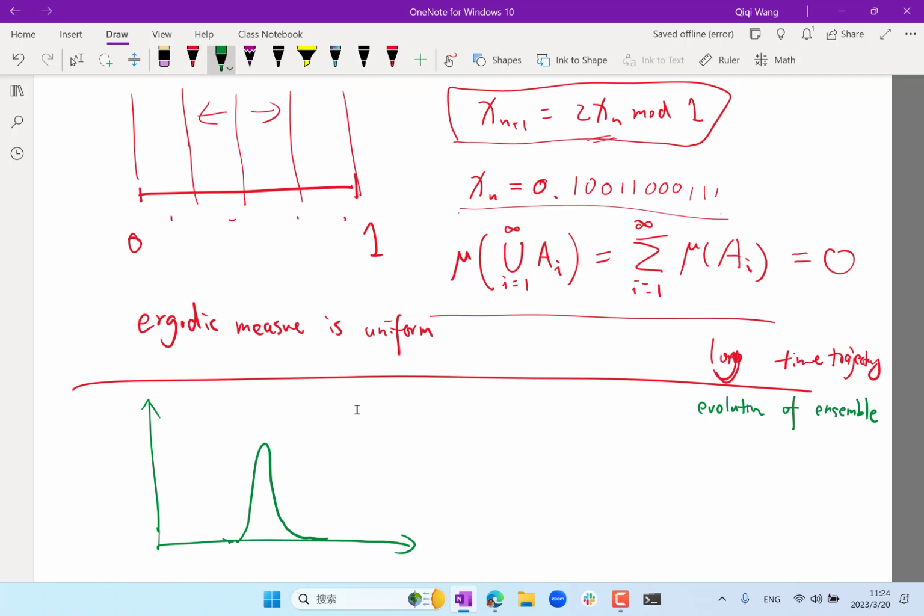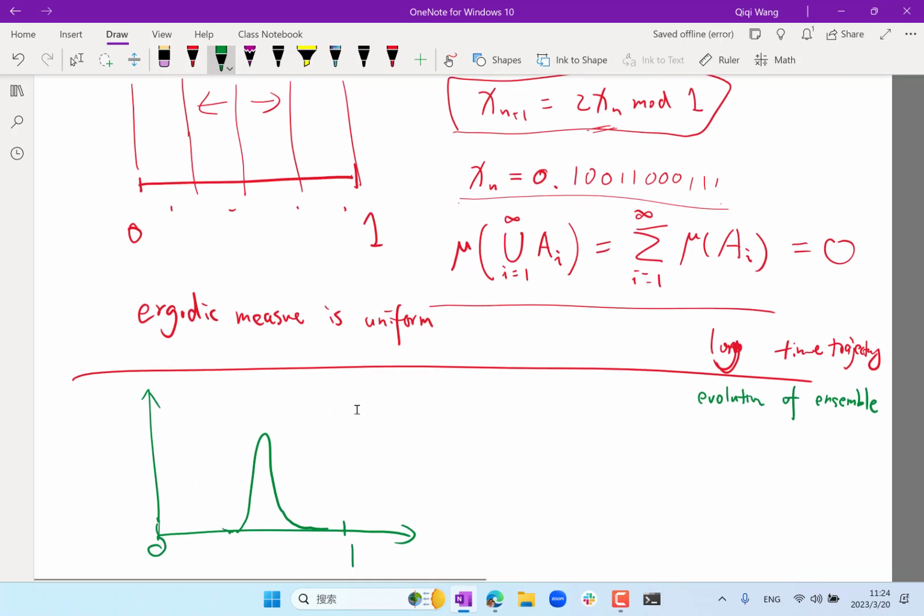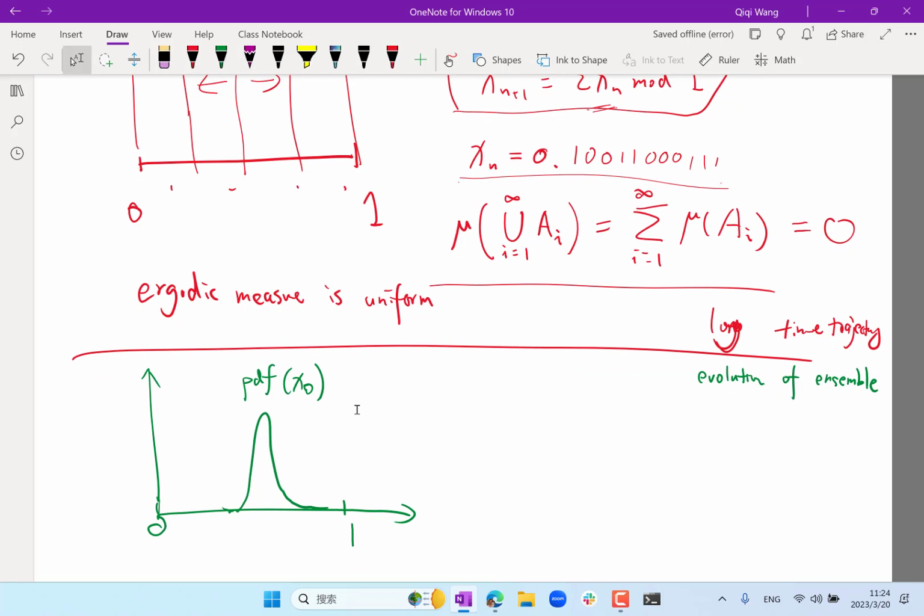So it has a distribution like this between 0 and 1. This is the probability density function of x0, the PDF of the initial condition of this ensemble.